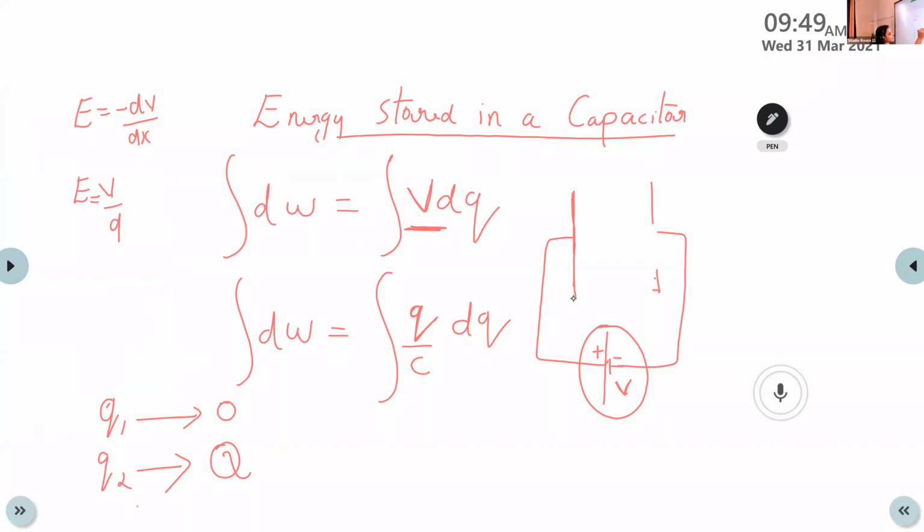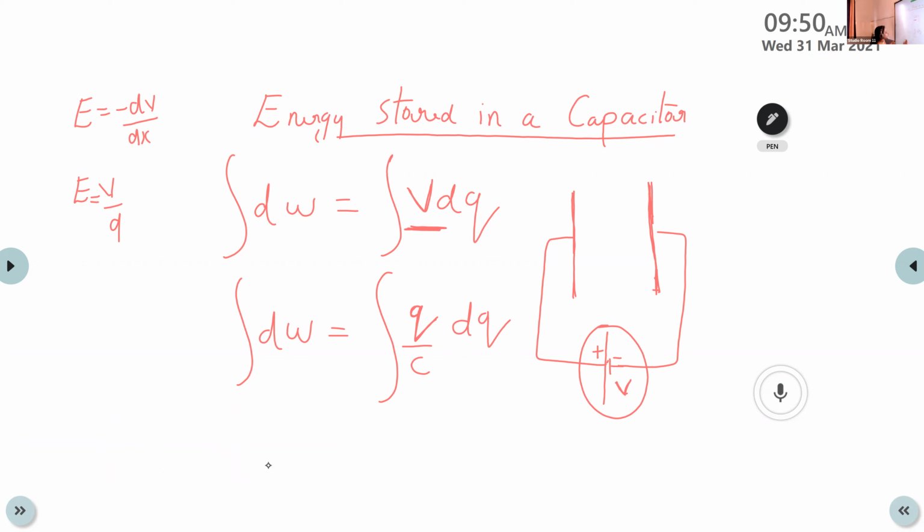Now we want to charge this capacitor. For that we are connecting a potential source. So initially Q1 is equal to 0, and finally we want to make it completely charged, that is, capital Q charge.